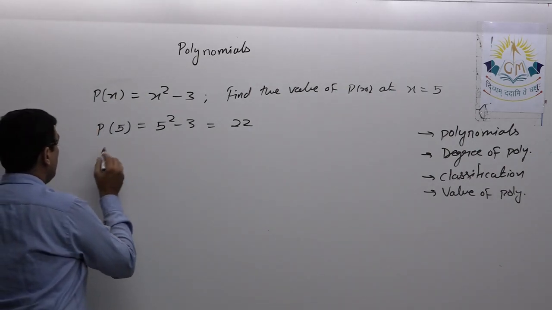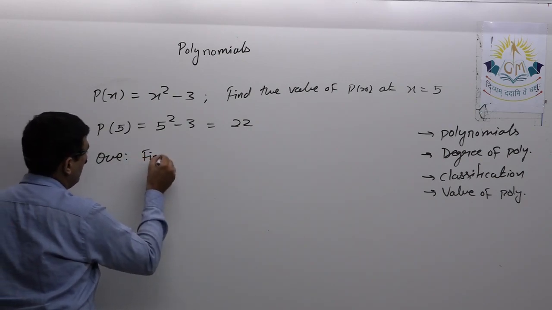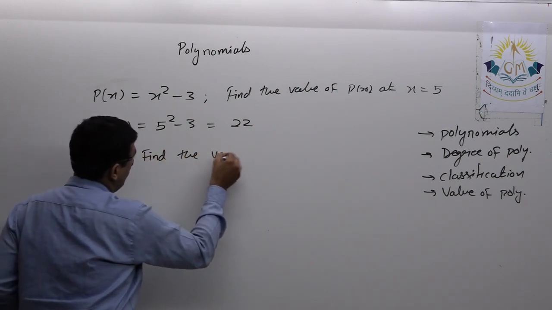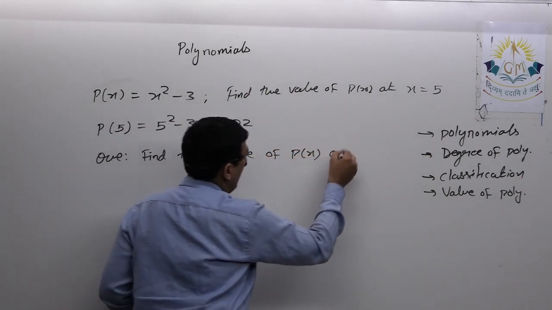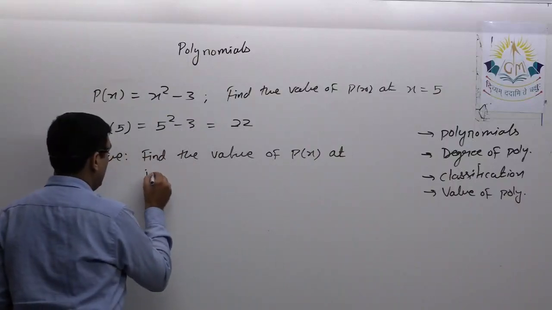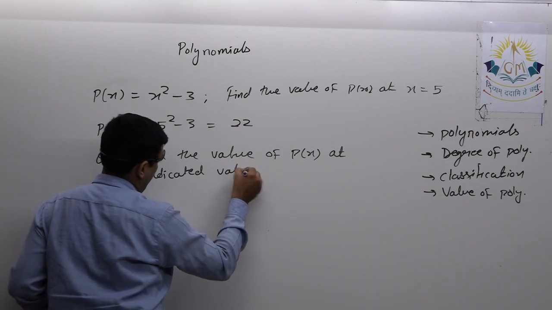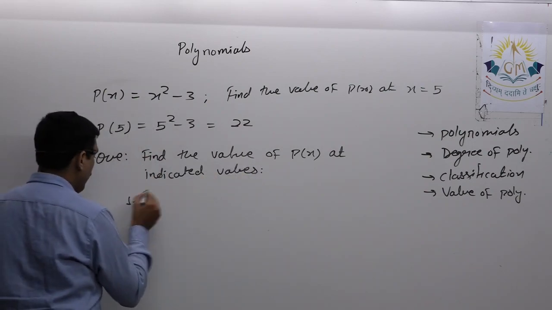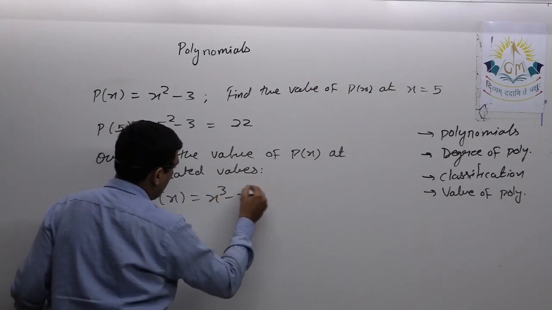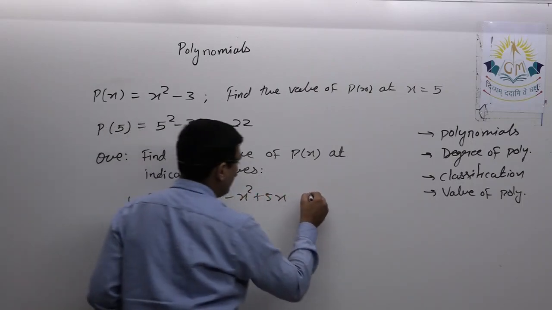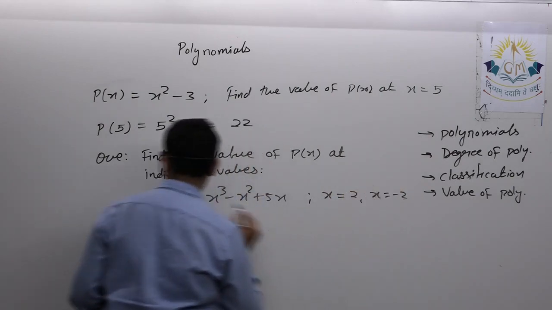Okay, so let us see one or two questions. Find the value of p(x) at indicated values. In this first one, p(x) is equal to x cube minus x square plus 5x, at x equal to 2, x equal to minus 2.